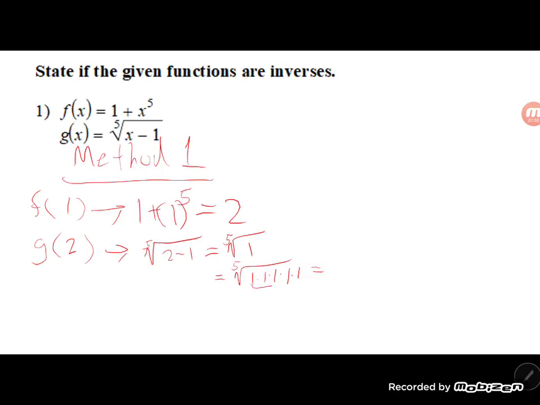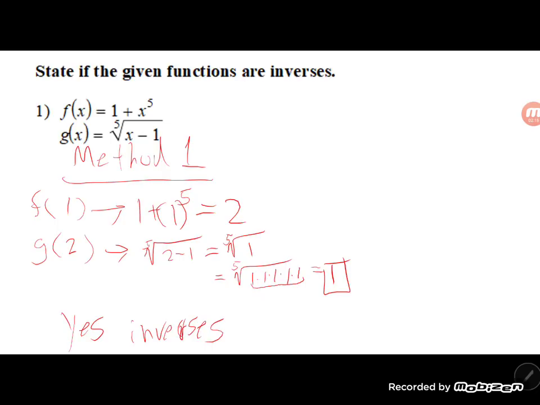Right, so that would be 1, 2, 3, 4, 5 of them, which we could pull out, and it would be equal to 1. So notice, it circled back around, it came back to the 1, so these are yes, inverses. Oof, that's a terrible R.